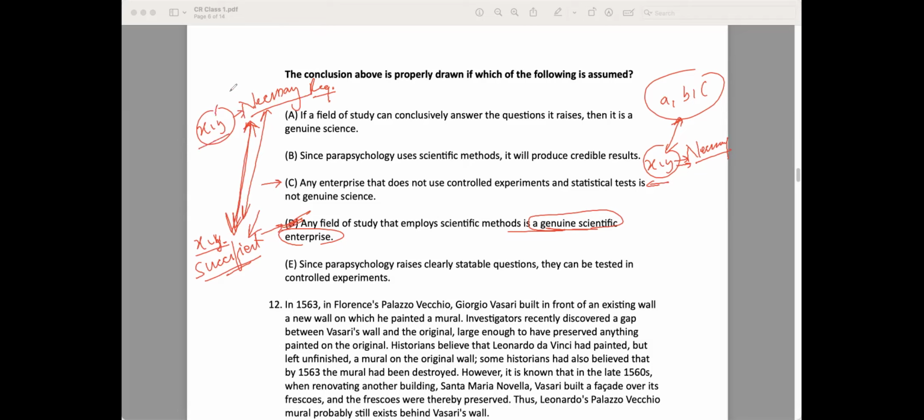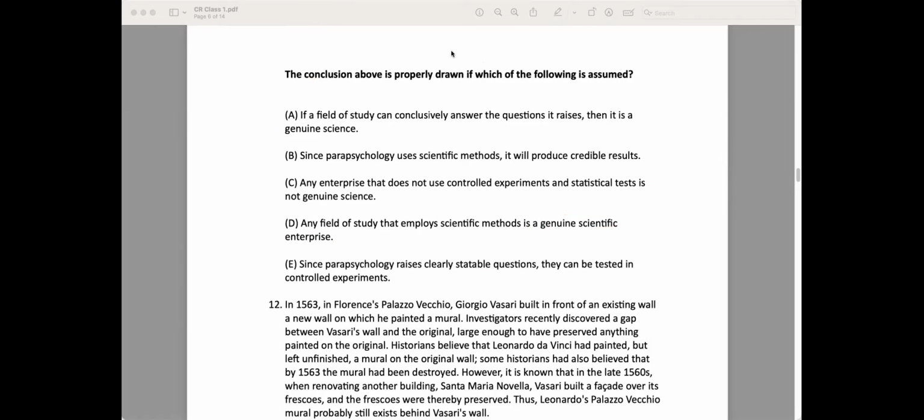That just makes them necessary, but that doesn't call them sufficient. What we need is some option that calls them sufficient, which is option D. Is that clear to everyone? The distinction between C and D? All right. Now any doubt, let me know.